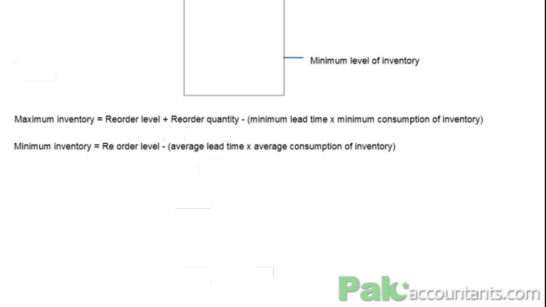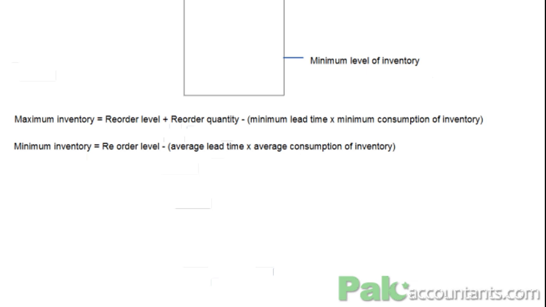And that's where you have the minimum inventory level. You calculate your minimum inventory level on the basis of average consumption. And if either of these two things, the average lead time or the consumption rate, has increased, you will end up touching the bottom.